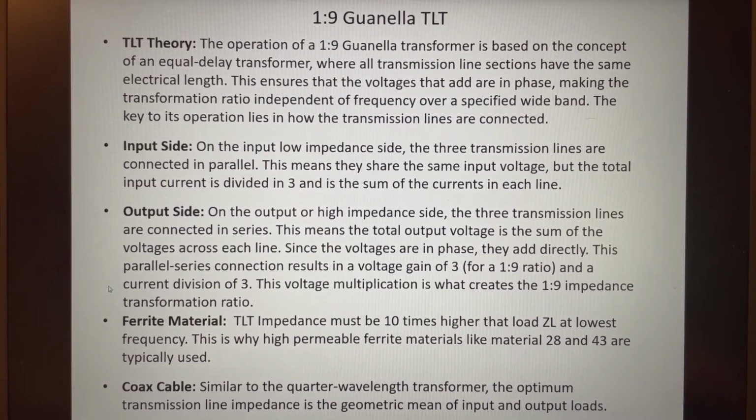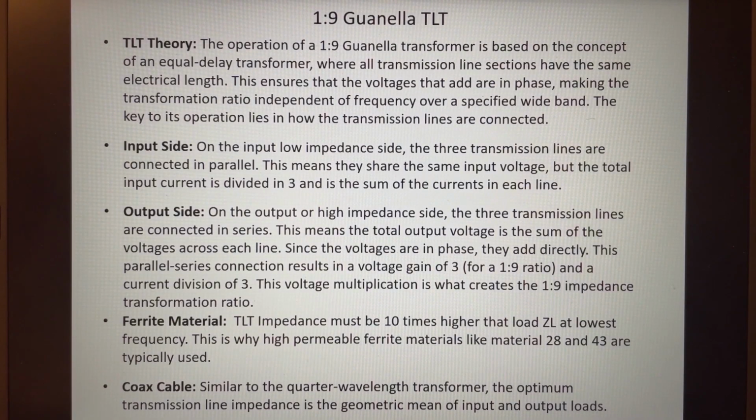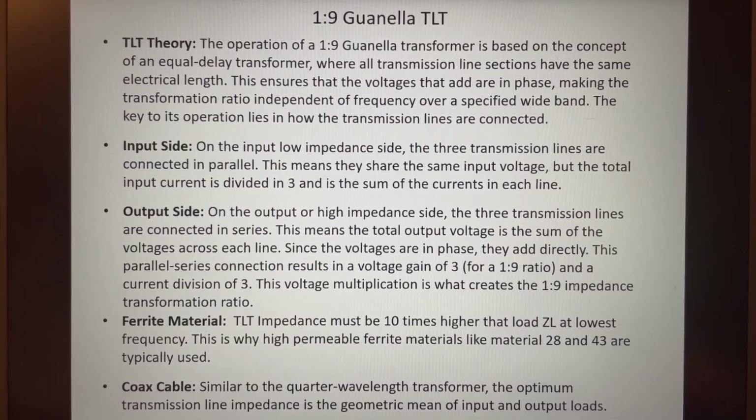On the input side, okay, the transmission lines are connected in parallel. Okay, this means they share the same voltage, but the total current is divided by 3 in each branch. And the next diagram that I show will make this a lot clearer. On the output side, okay, the high impedance side, the transmission lines are connected in series. This means that the voltages sum together and give us that 9 to 1 ratio.